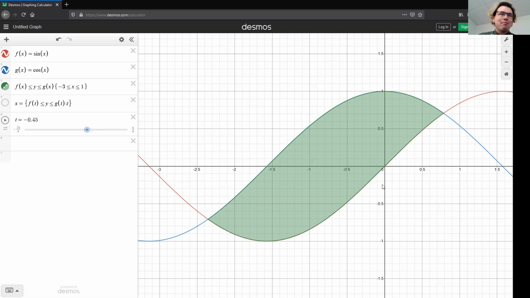That's not a technical term. Trianguloid is not a real math word. But that only gives me one piece, and it doesn't let me solve the rest of the area. I'd have to find other shapes that I can integrate, and that just seems like kind of a mess.